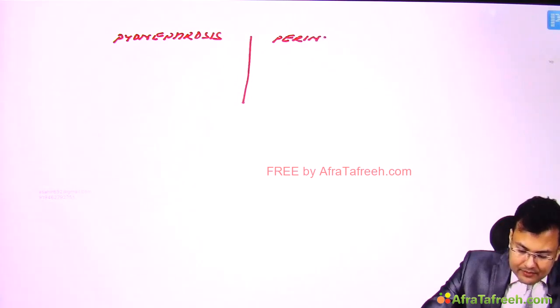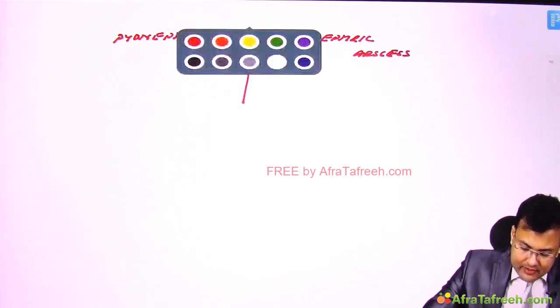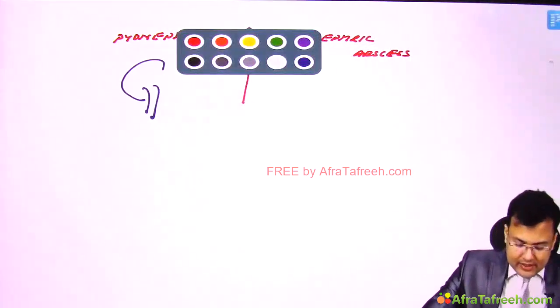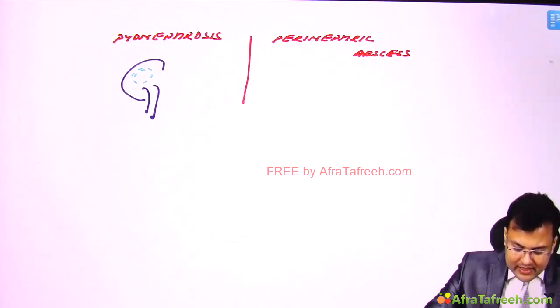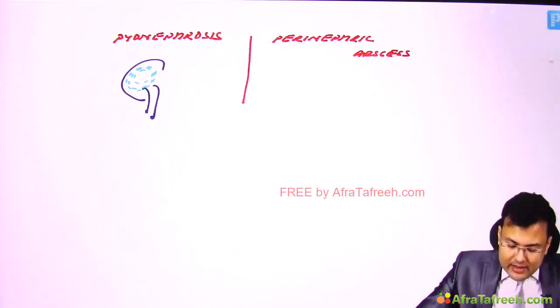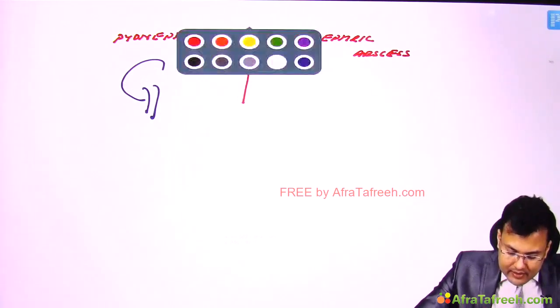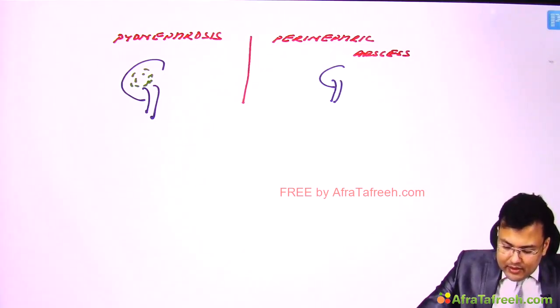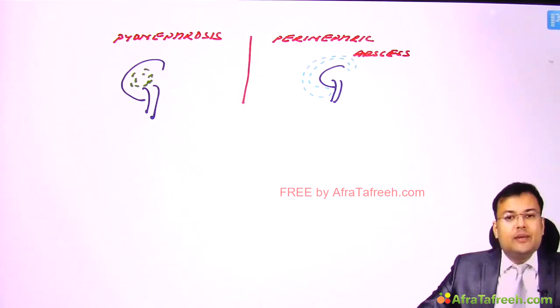Okay, so the basic difference, this is the kidney, right? And in pyonephrosis the pus is collected inside the kidney, right? So kidney is bag of pus. And see what happens in the perinephric abscess. This is the kidney, so here is the collection of pus. So the pus is collected around kidney, right?